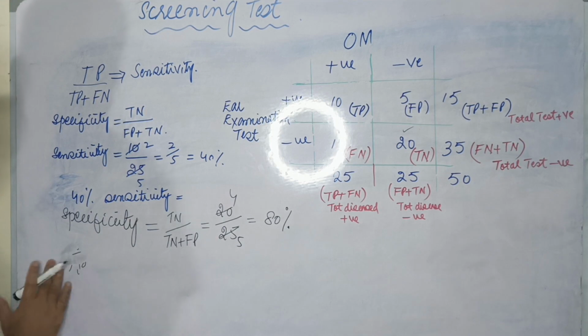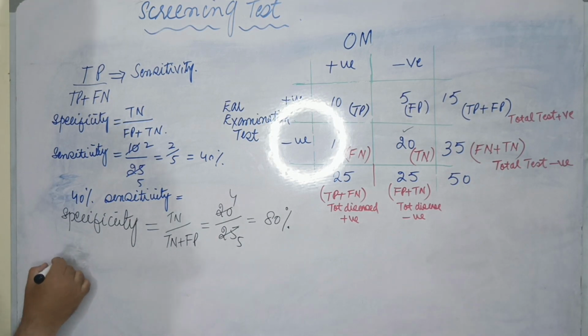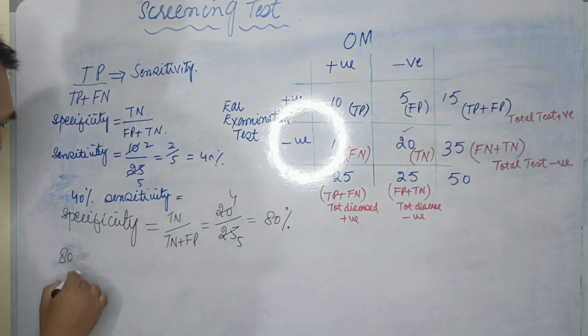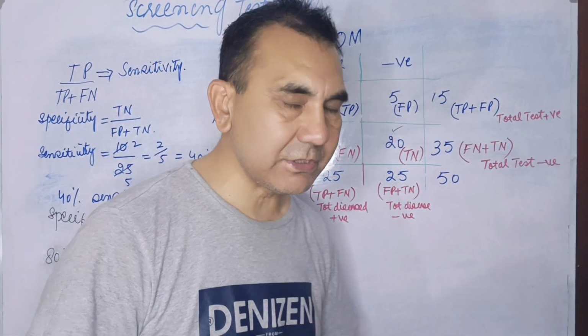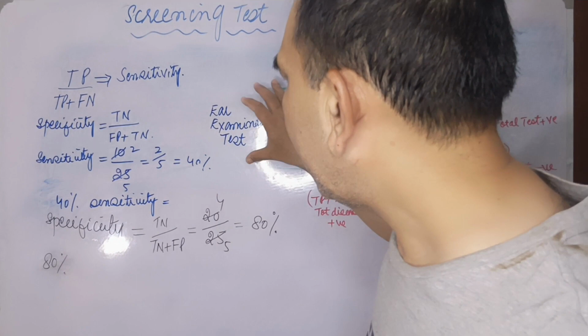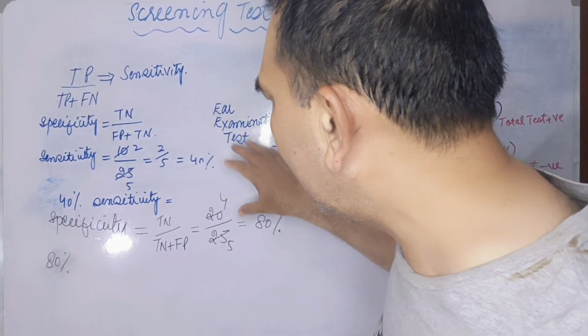0.8 means 80%. So 80% is the ability of this test by the pediatrician who has done the ear examination.